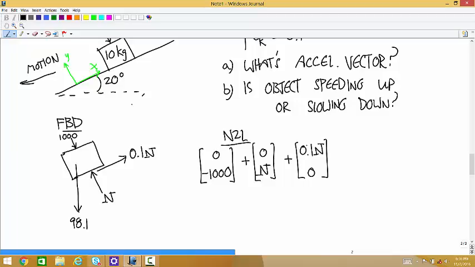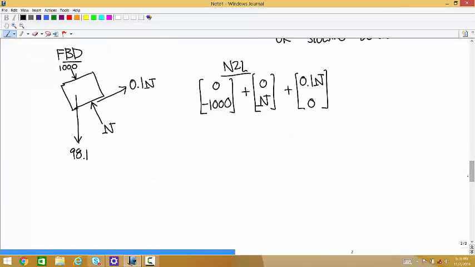And then we have to deal with the weight force. So the direction of the weight force is like that. This angle is 20 degrees. And so what's the angle that we want to use for the cosine and sine for this vector? Negative 110 or positive 270 minus 20.